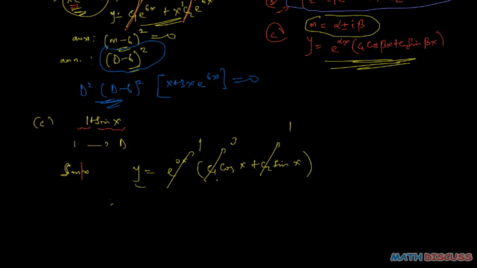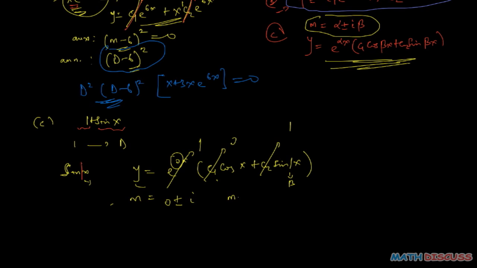So that is to say, for the auxiliary equation which we intend to find, the solution is going to be m equals alpha plus or minus i times beta. My alpha is 0, and my beta is 1. So our beta here is 1.